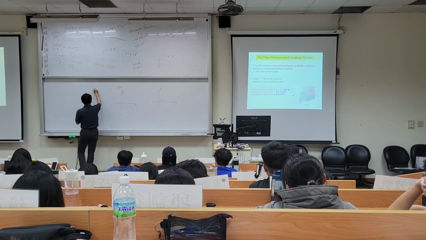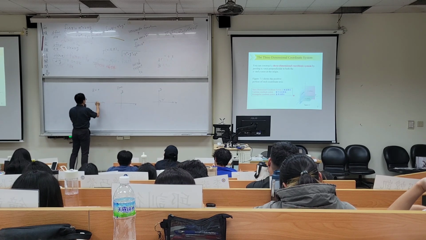But when z is negative, you also have four quadrants.